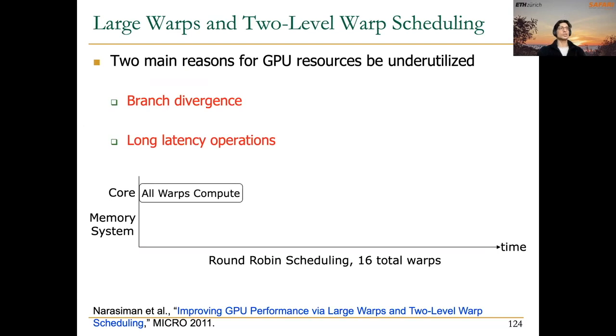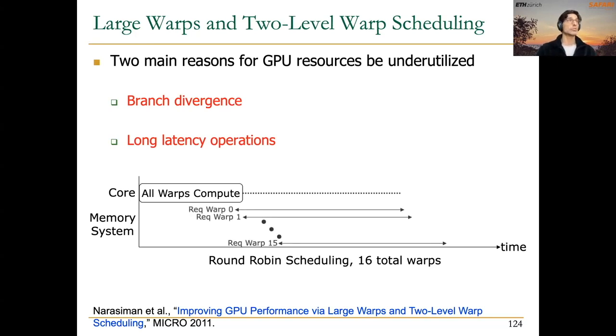A related or similar approach also comes from this paper, which not only proposes better ways of creating the warps, but also better ways of hiding the latency of operations, like the accesses to main memory.